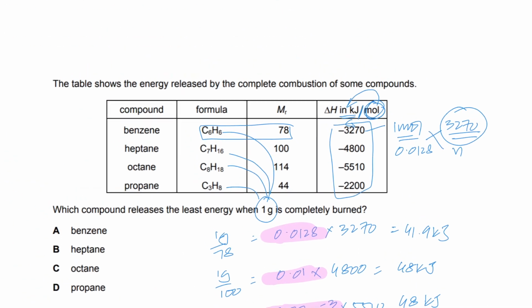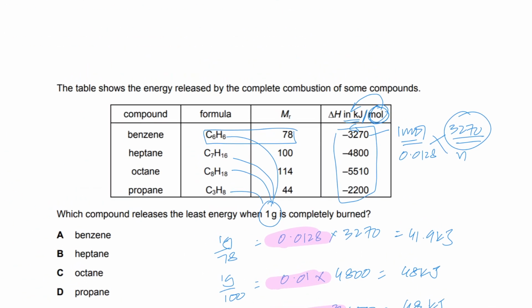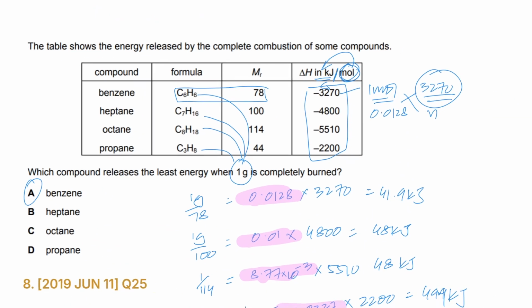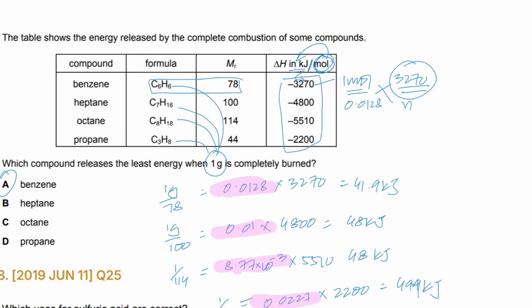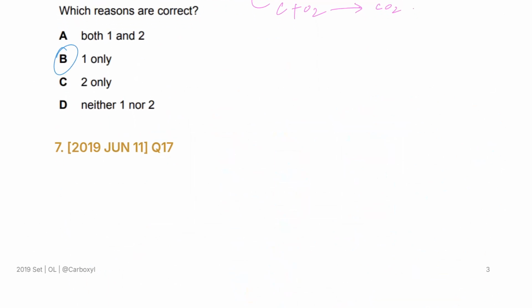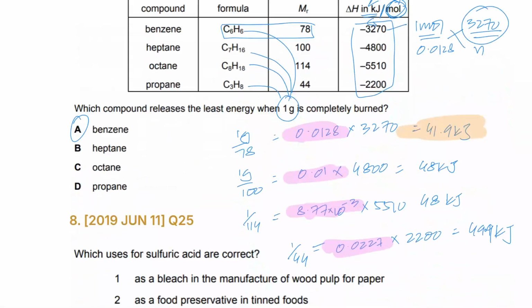So the one that gave out the least amount of energy is in fact benzene. Yeah, who cares what benzene is? The least amount of energy given out is 41.9 kilojoules. Makes sense? Done, dusted.